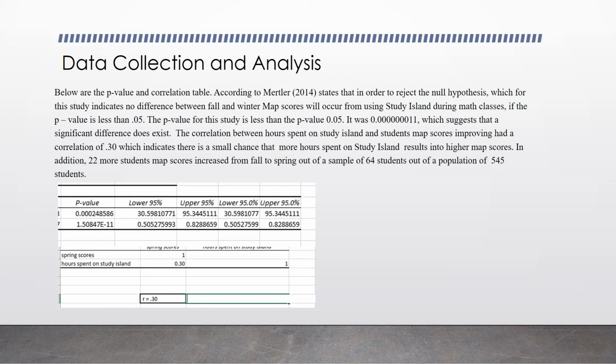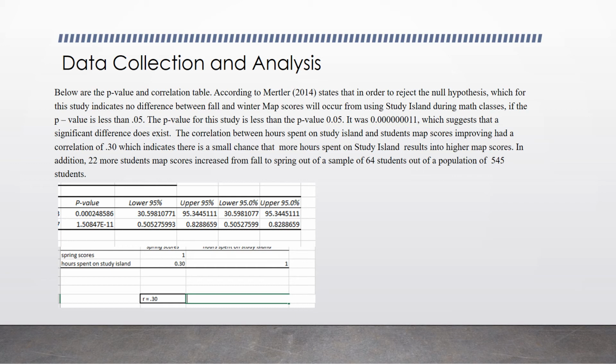And the correlation table shows a weak correlation in regards to the time students spent on Study Allen and their scores. So my correlation was 0.30, which is rather low. That tells us that more time spent on Study Allen did not necessarily indicate that students' test scores were going to increase, because some students may not need as much time as other students, and their needs vary.